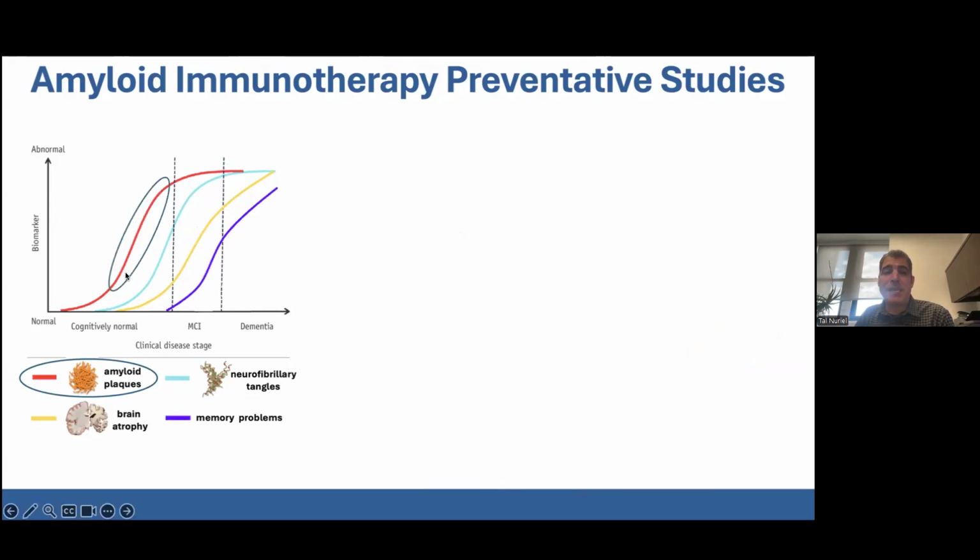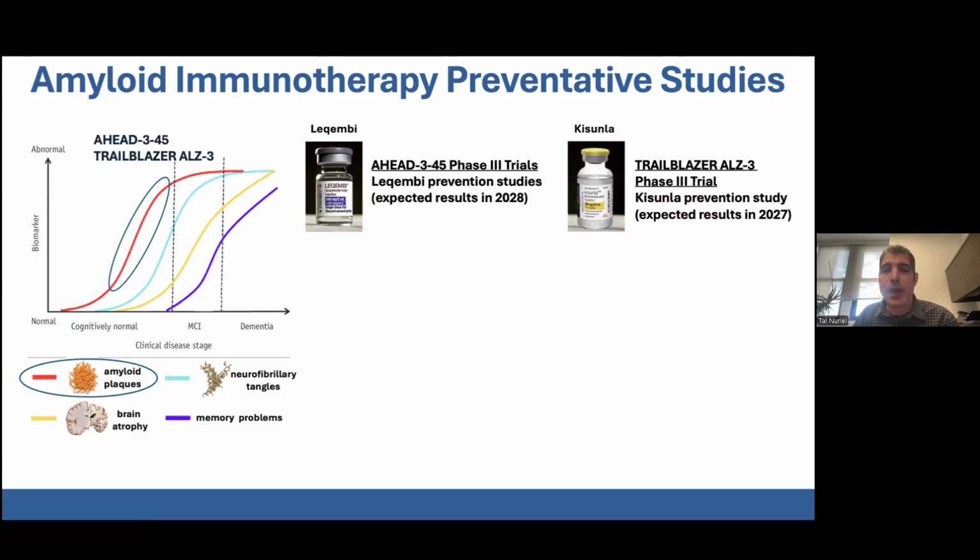Which basically means, if you give it to people who have amyloid plaque buildup in their brain but have not had any cognitive decline, can you slow down or prevent, especially the tau? If the tau hasn't developed enough, maybe you can stop or prevent that process from happening. These trials are underway now.